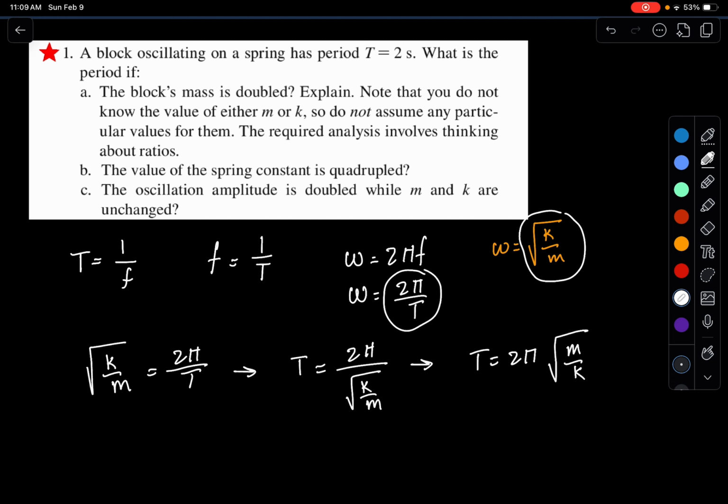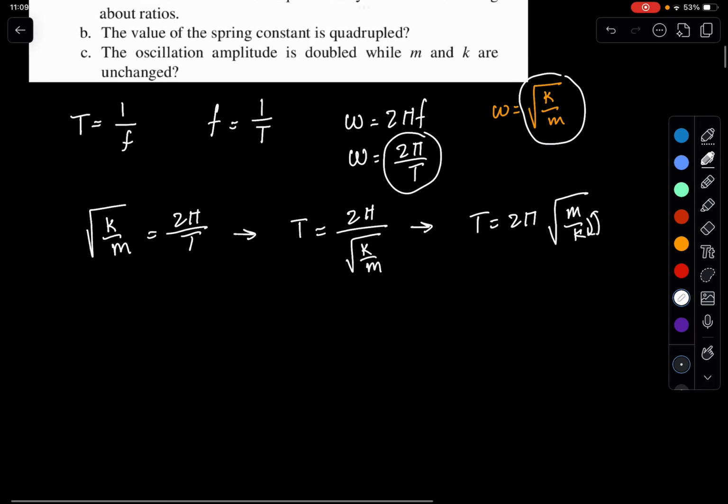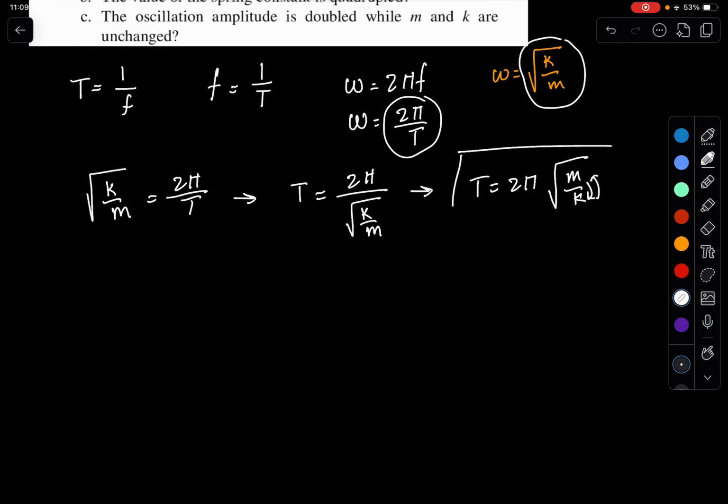You see, we remove the fraction, the square root of k over m, from the denominator, and we just replaced k and m. Perfect. Now we have the equation that we were looking for, where we can relate mass to period. Now the question asks us what happens to T if we double the mass.